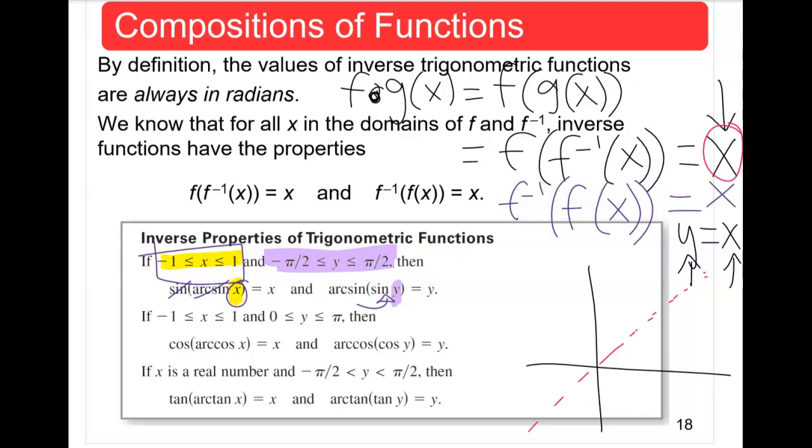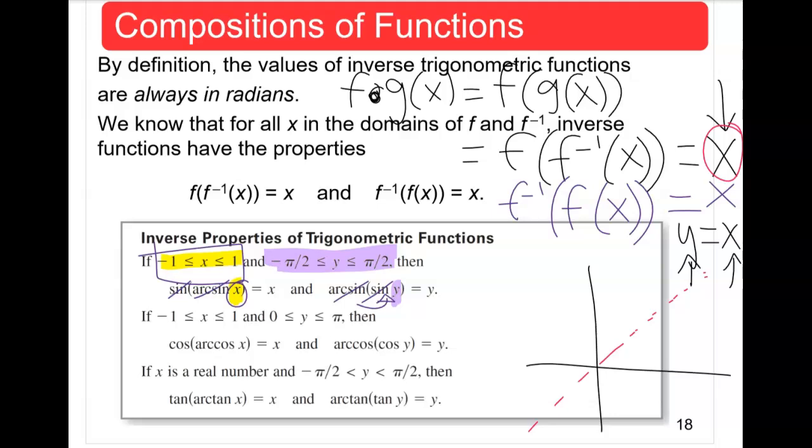It will have to be between -pi/2 and pi/2, including those two numbers. If that is the case, then yes, we could cancel those because they are outdoing each other, or canceling each other.